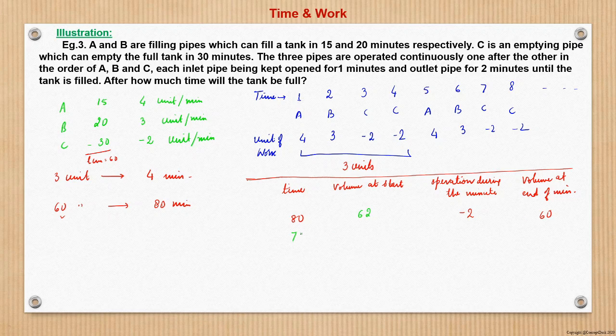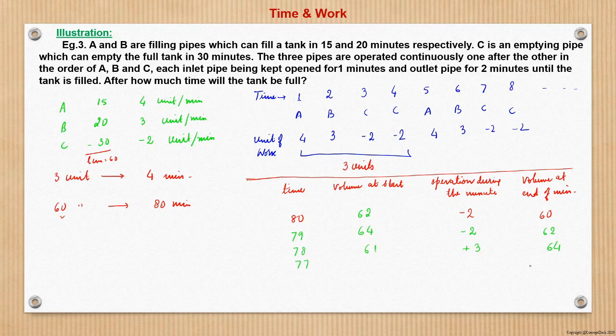Now what would be the volume at the end of the 79th minute? Same as the start of the 80th minute, which is 62, and in the 79th minute also it is -2, so it would have been 64 at the start. Now 78th minute, the end volume would have been 64. The operation here is +3, so it would have been 61 at the start.